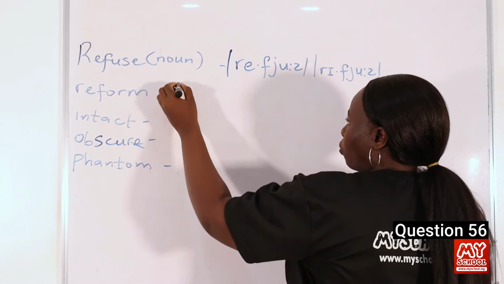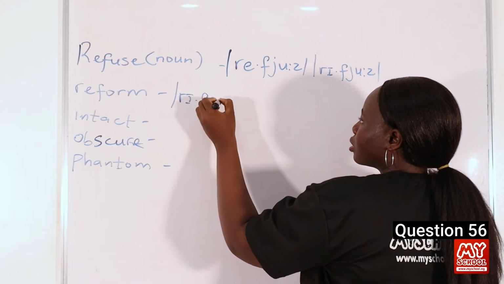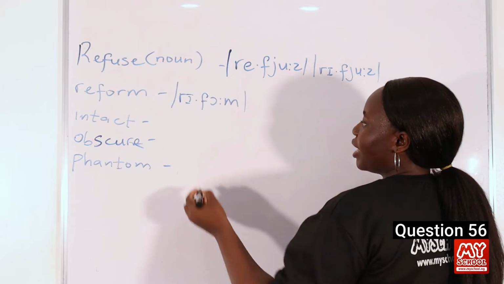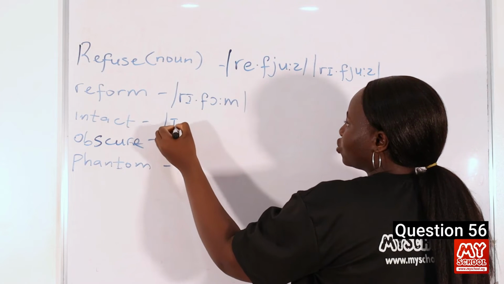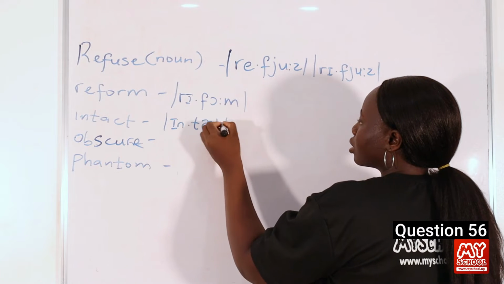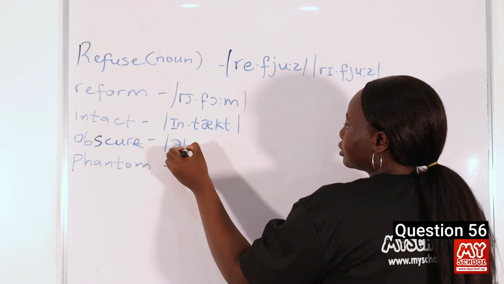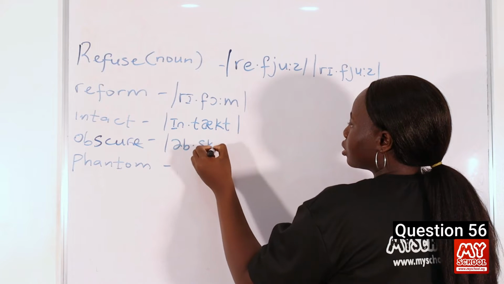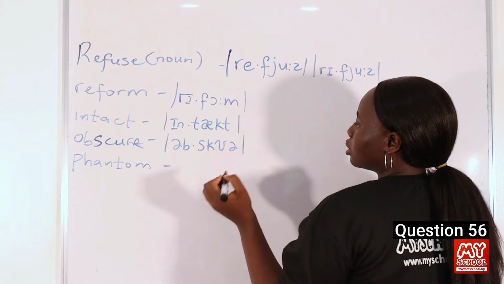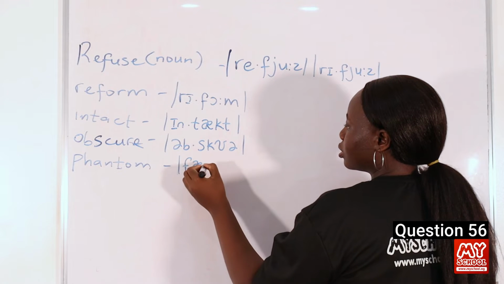Then we have reform, which is transcribed as this. Then we have intact, transcribed as this. Then the word obscure, transcribed as this. Then the word phantom, transcribed as this.